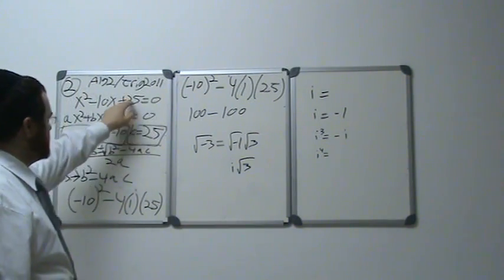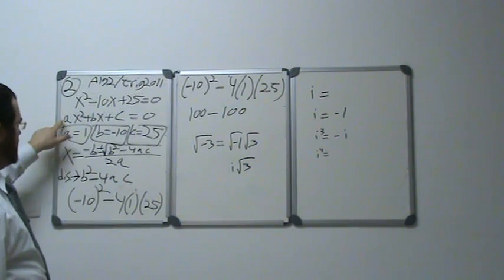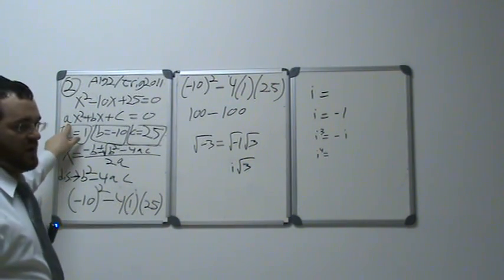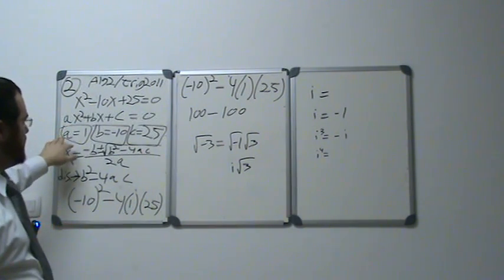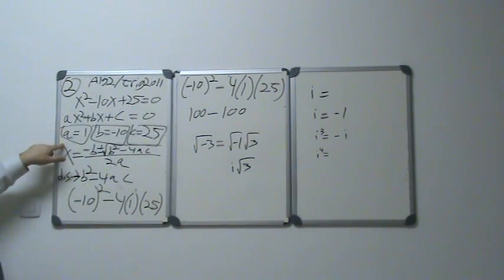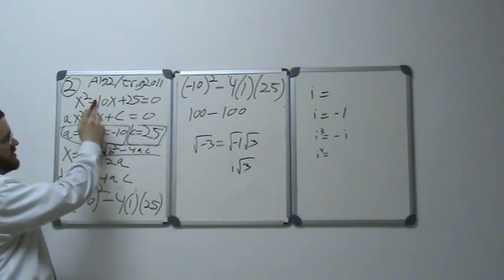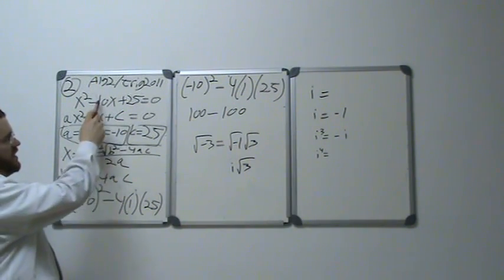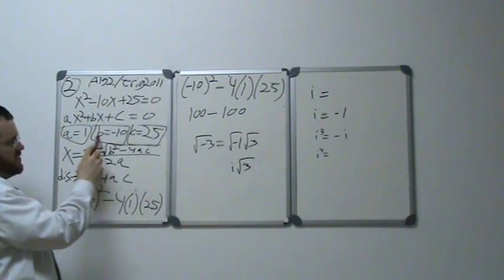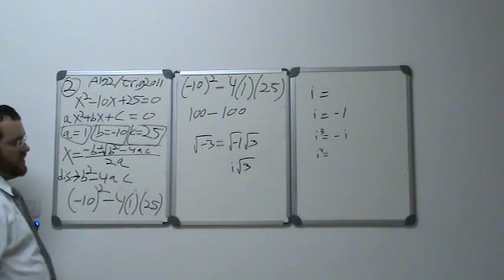So c is 25. What is x squared multiplied by? Nothing. If it's multiplied by nothing, it's always multiplied by 1, so a is 1. B is negative 10, because it's negative 10x. And c is plus 25, so c is 25.